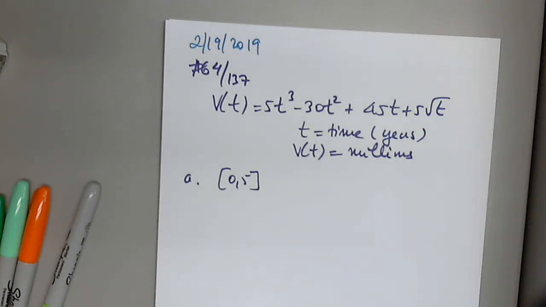The squared key is this, power 2. Second power, plus 45 x plus 5 the square root of x. Okay, so this is our function.